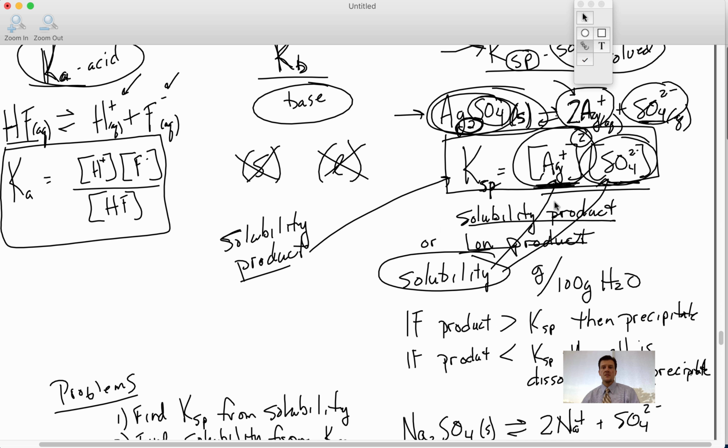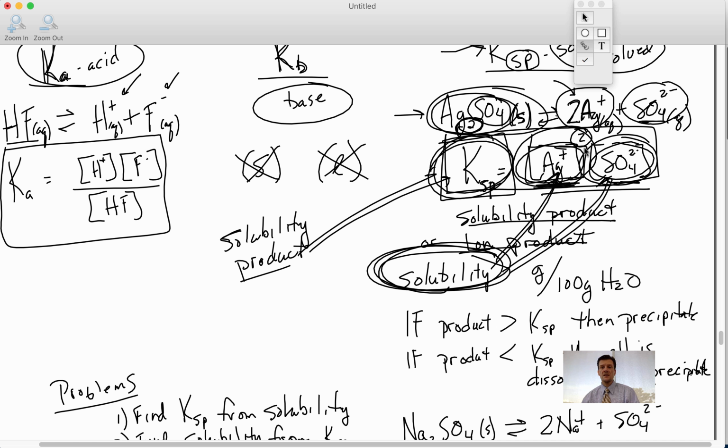Okay? So you are going to be asked to do problems where you're either given the solubility, which means you're given or can find these concentrations here, and you'll be asked to find the solubility product. Or you'll be given the solubility product, you'll be given this number, and asked to find the individual solubilities, or how much of the solid dissolves.